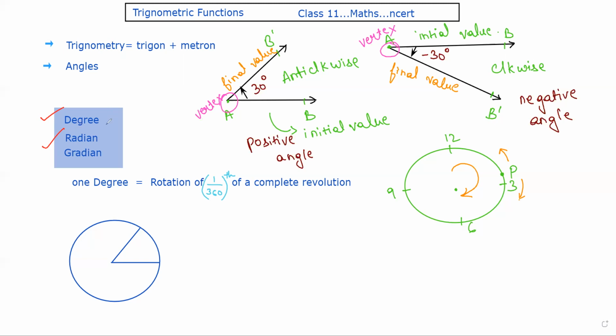So first, degree. What is a degree? If you have a ray AB from A to B, and you keep on rotating this initial value, let's call it a side instead of value. So initial side and final side.